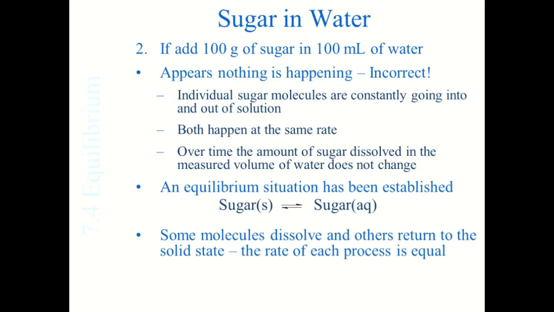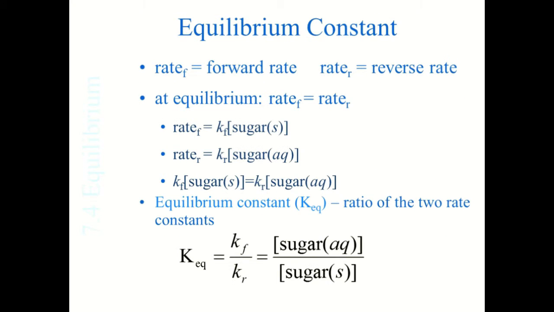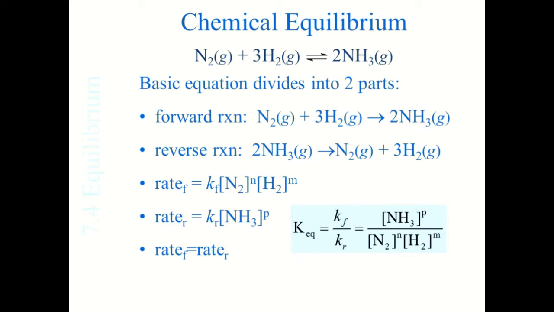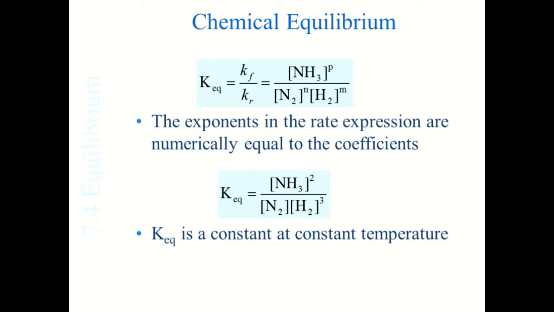That is different than an equilibrium expression, because equilibrium expressions, okay, are written, let me show you, in this way. The equilibrium constant, KEQ, equals the concentration of products over the concentration of the reactants. So this equation was written N2 plus H2 gives me NH3.